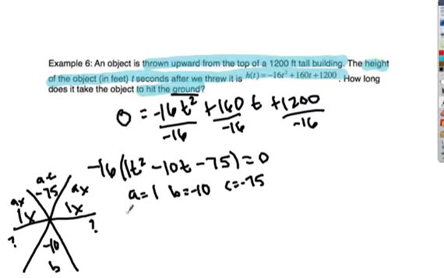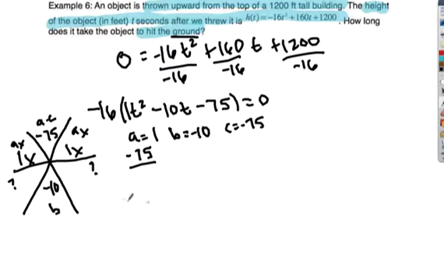So over on the side, I need to make a list of things that multiply to give me negative 75. I'm going to ignore the negative and just worry about the 75 right now. Well, I know that I have 25 times 3. I can divide 75 by 5 and get 5 times 15. 1 times 75 would also work.